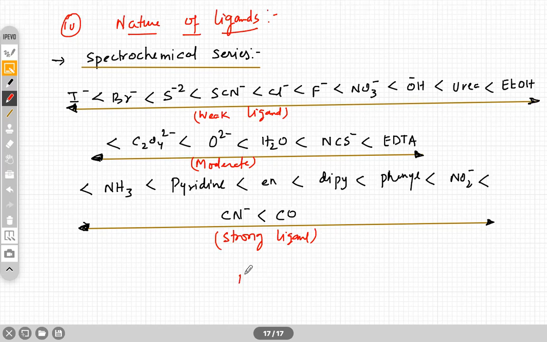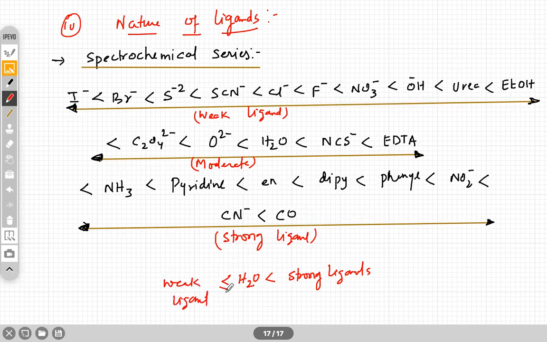Water is present in between: whatever ligand is to the right of water is considered a strong ligand in general, and including water, whatever ligand is to the left of the water molecule is a weak ligand.